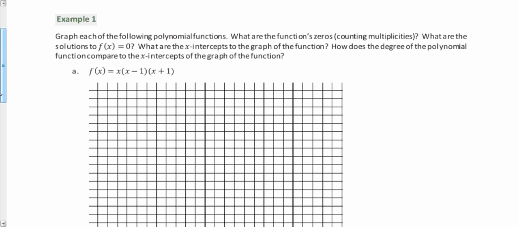So what did we learn there? If I have a graph that crosses the x-axis at a point, actually, I'll do my axes in red.